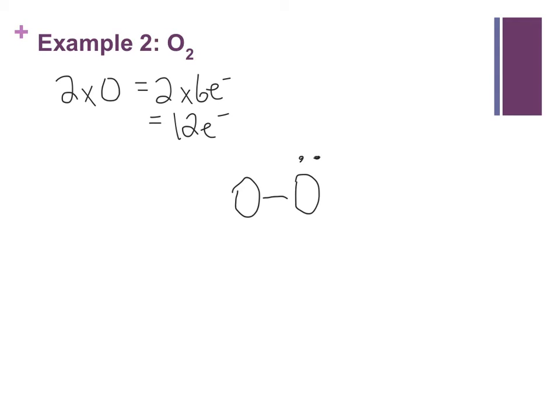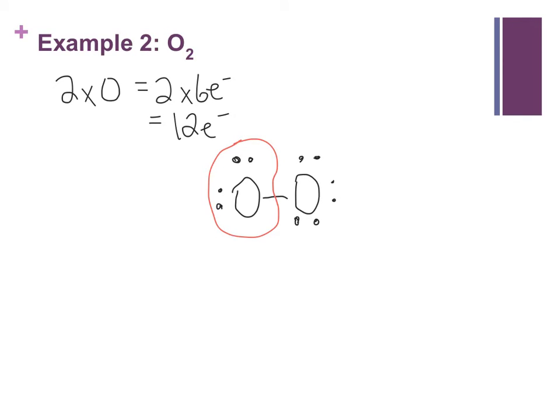But then if we start filling up the octets, we've got 2, 4, 6, 8, 9, 10, 11, 12. So we've put our 12 electrons here, but this oxygen's not very happy because it's only got 2, 4, 6 electrons surrounding it, and it wants 8.